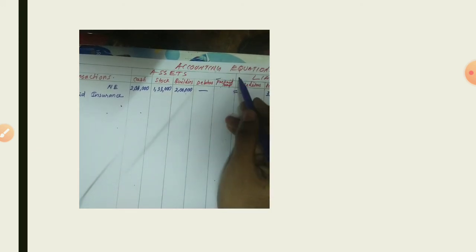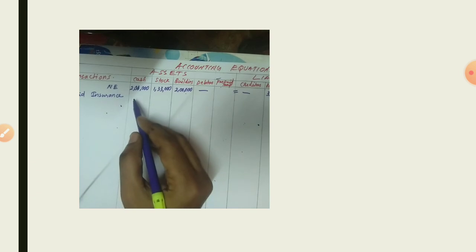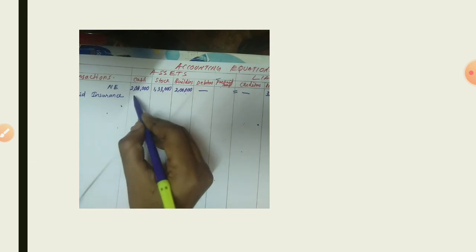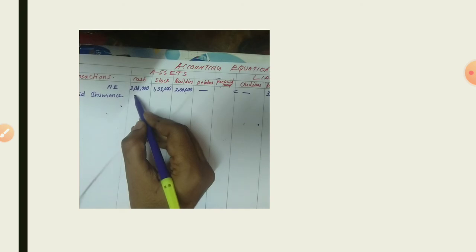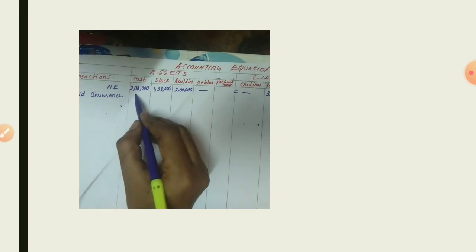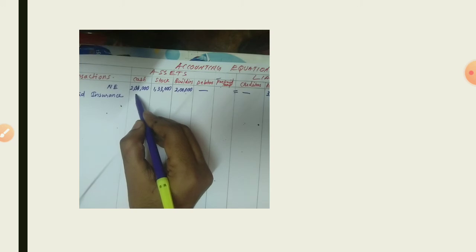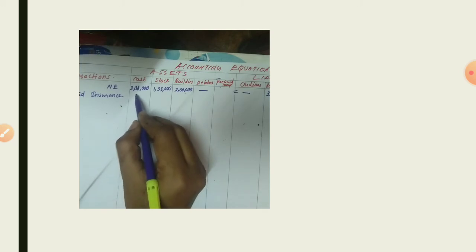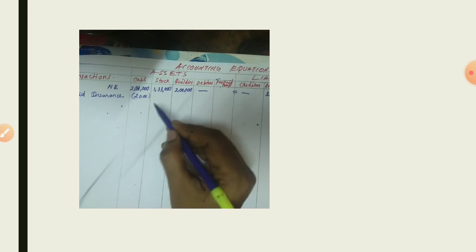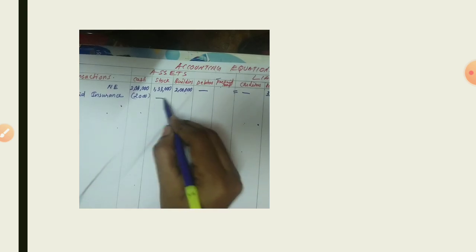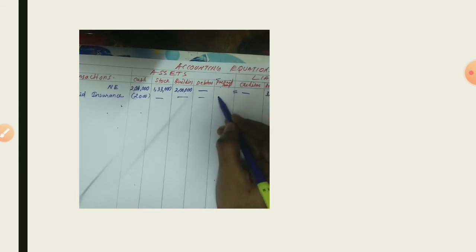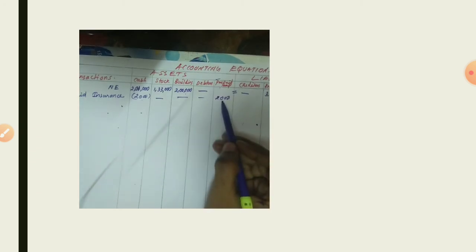This heading I included. Okay, so prepaid insurance, what will happen means we already paid in advance. It is next year's expense, if we are paying it in this year, then we have to deduct it as per the matching principle we studied. So how much do we have to deduct? 2,000 we have to minus from the cash because we already paid. Stock no effect, debtors no effect. So here what will come? On this side 2,000 prepaid insurance will come. So one side minus and another side plus.